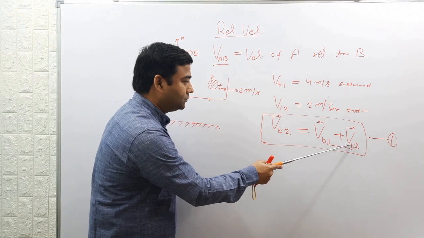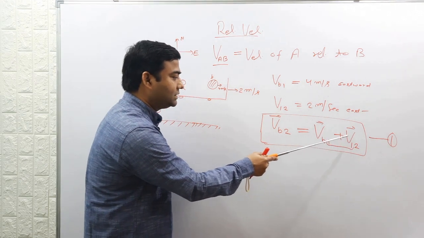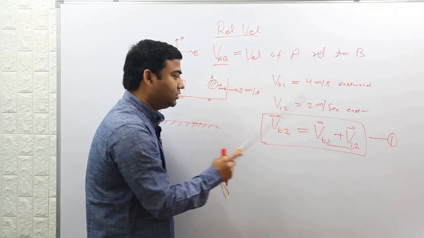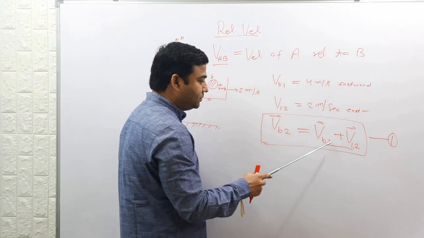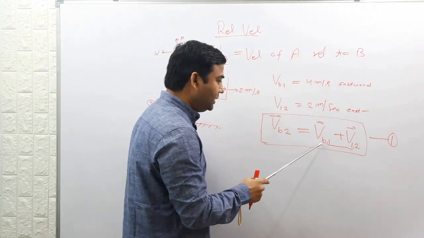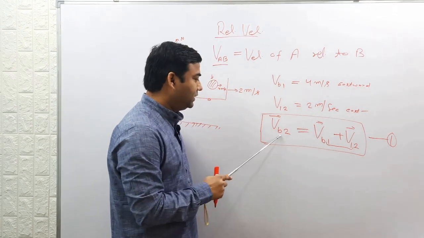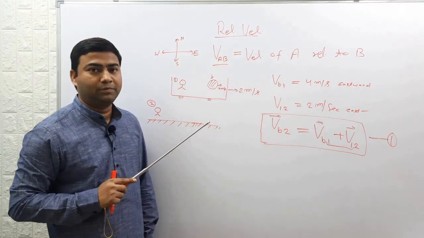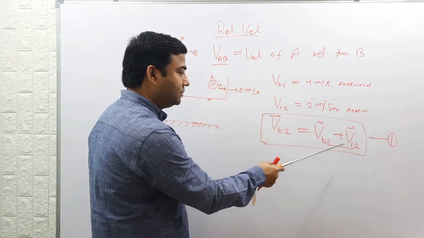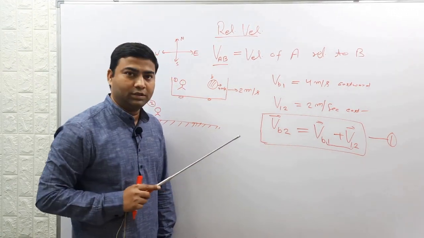The v and 2 are the end terms, and the 1 is the middle term. As per this law, the middle terms will merge and disappear. Only the end terms will remain in the final expression. So just eliminate the middle term and write the end terms in the final velocity.